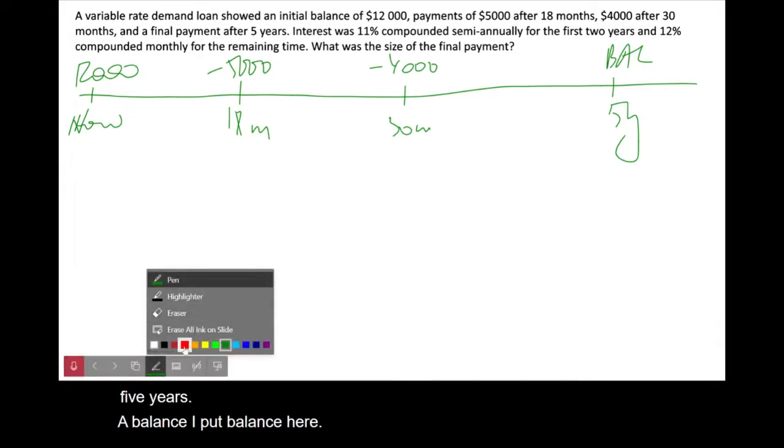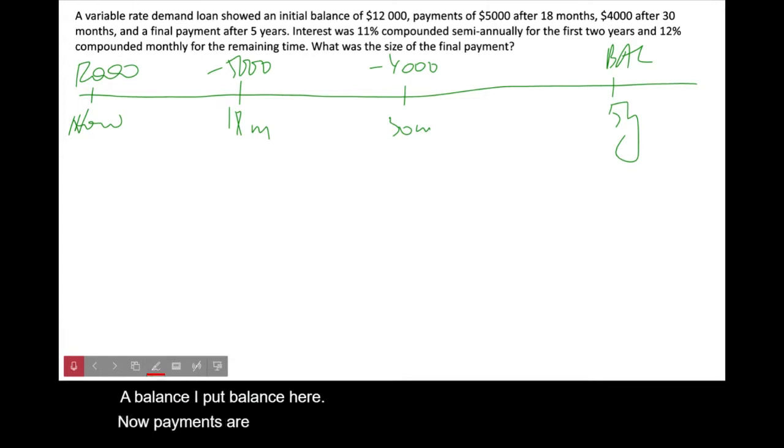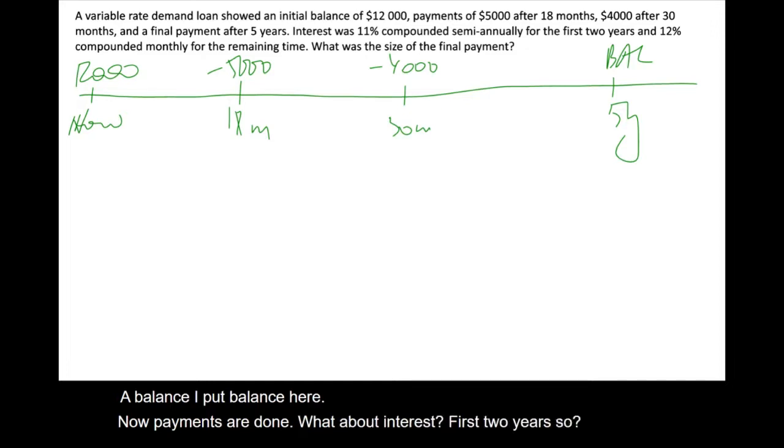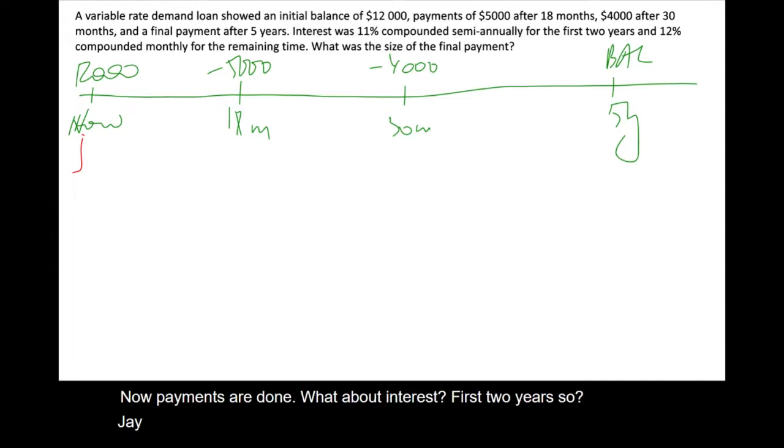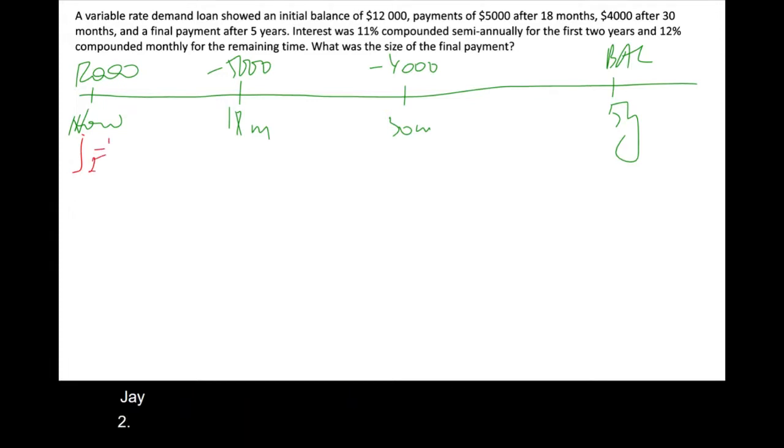Okay, now payments are done. What about interest? First 2 years, J2 is 11%. The first 2 years is 24 months, is somewhere here.